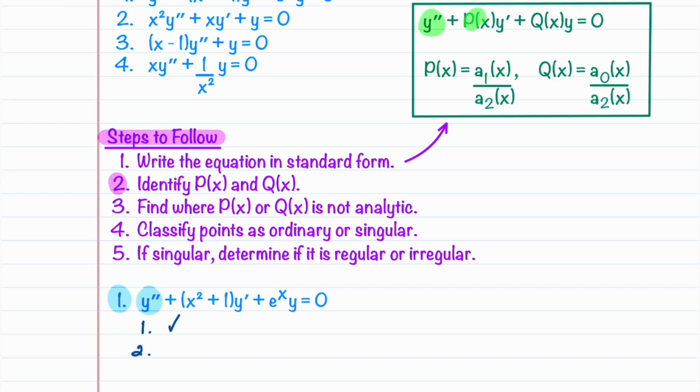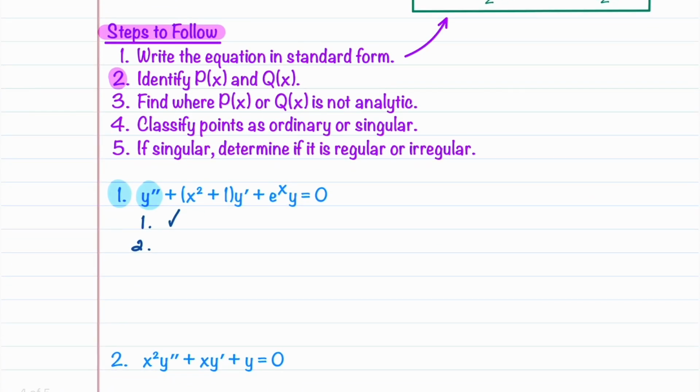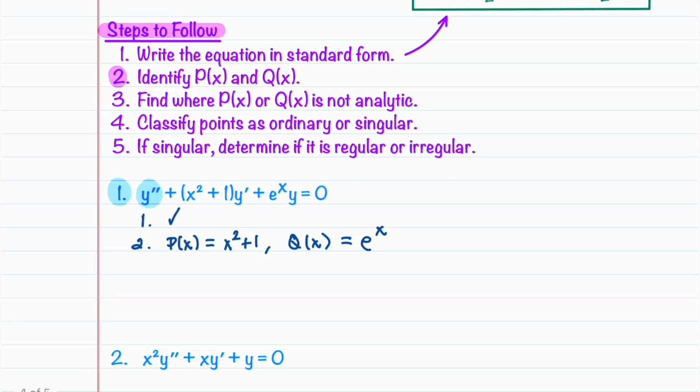P of x multiplies y prime, and q of x multiplies y. In this equation, p of x is equal to x squared plus 1, and then q of x multiplies y, and that is equal to e to the x. In step 3, we need to find where p of x or q of x is not analytic.